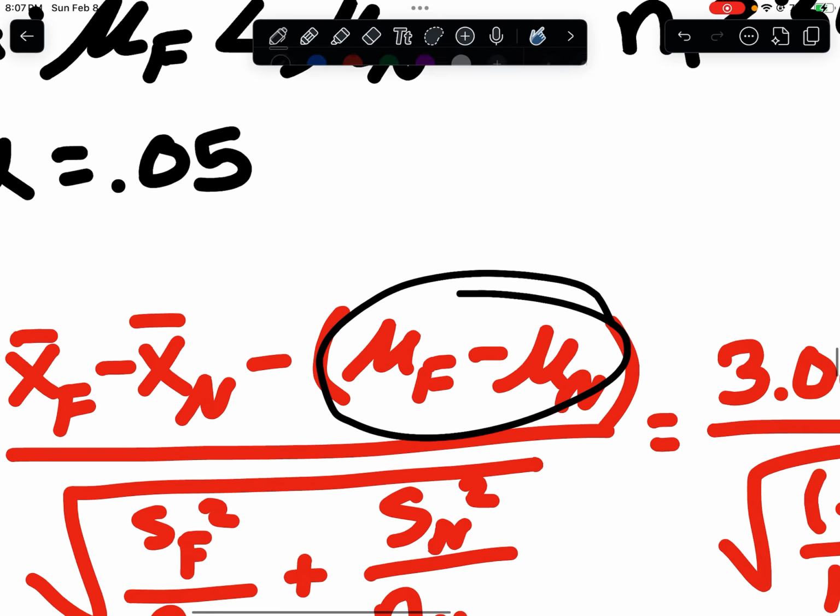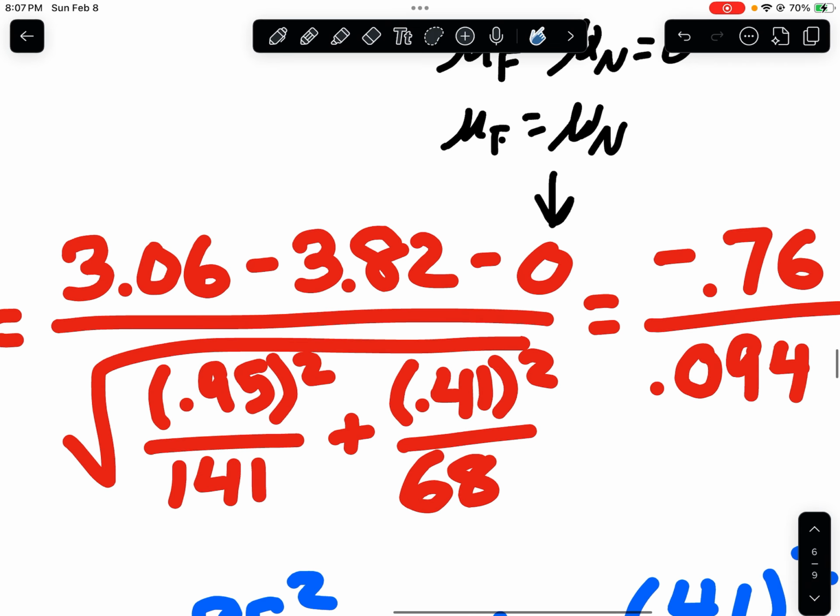That's where the 0 is coming from, and then we have our standard deviations and sample sizes plugged in on the bottom there.